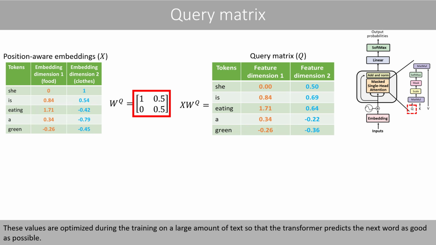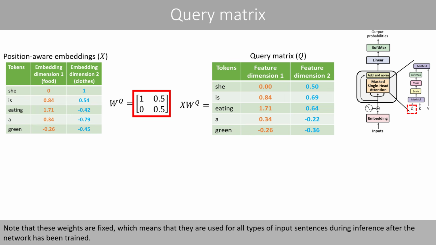These values are optimized during the training on a large amount of text, so that the transformer predicts the next word as good as possible. Note that these weights are fixed, which means that they are used for all types of input sequences during inference, after the network has been trained.